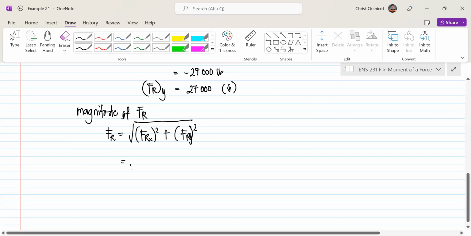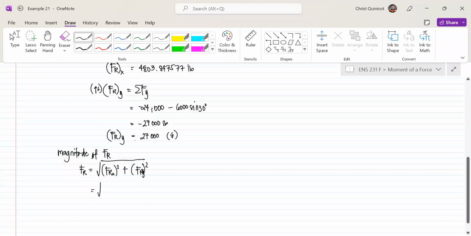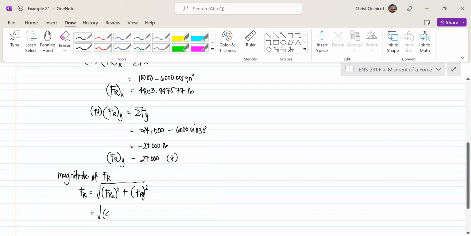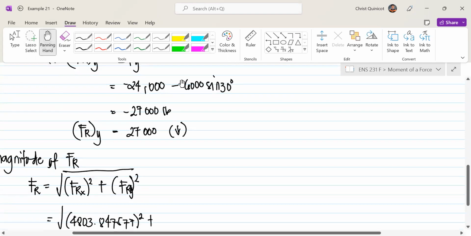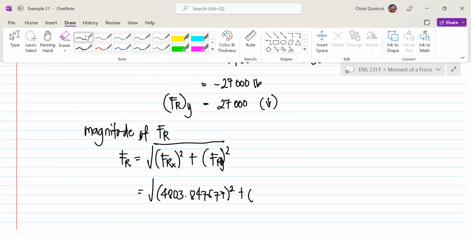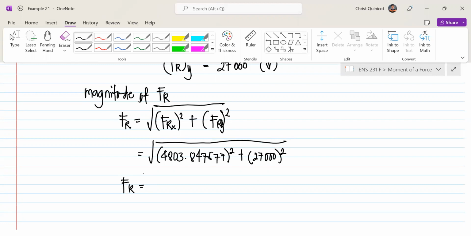We substitute the values: 4,803.847577 squared plus 27,000 squared.